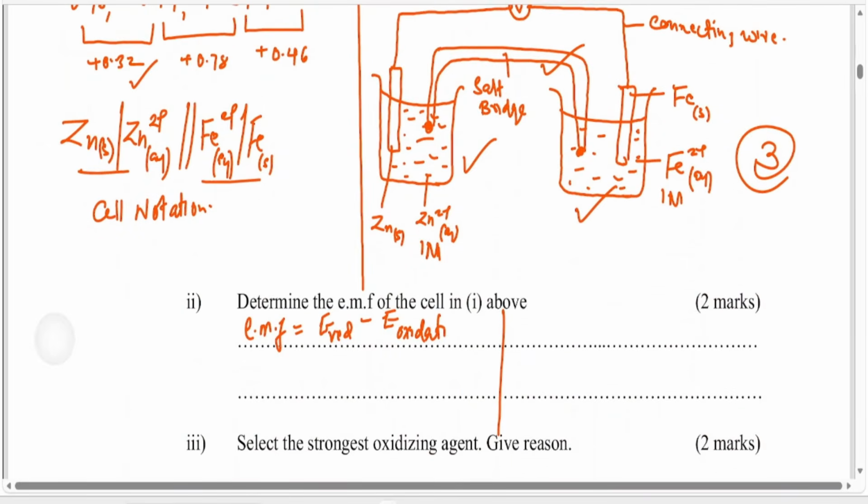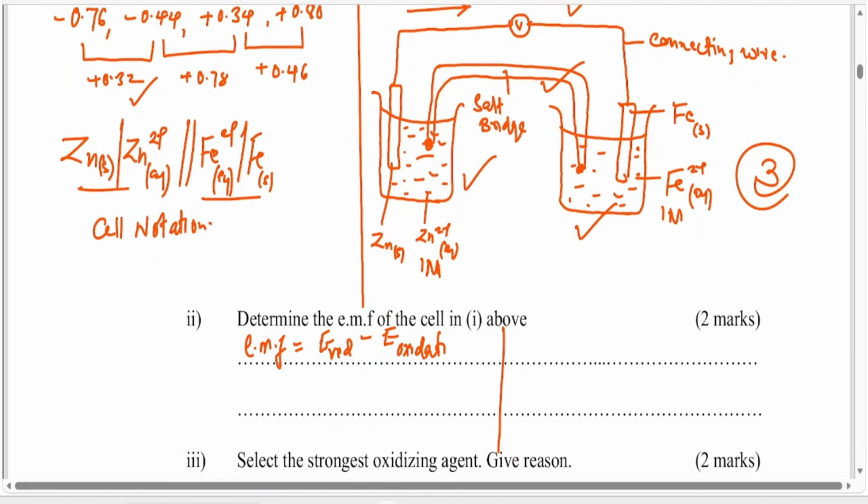So in this case, I'm going to have negative 0.44 minus negative 0.76. And when I work this out, I obtain positive 0.32 volts. That is method 1 that we can use to work out the EMF.